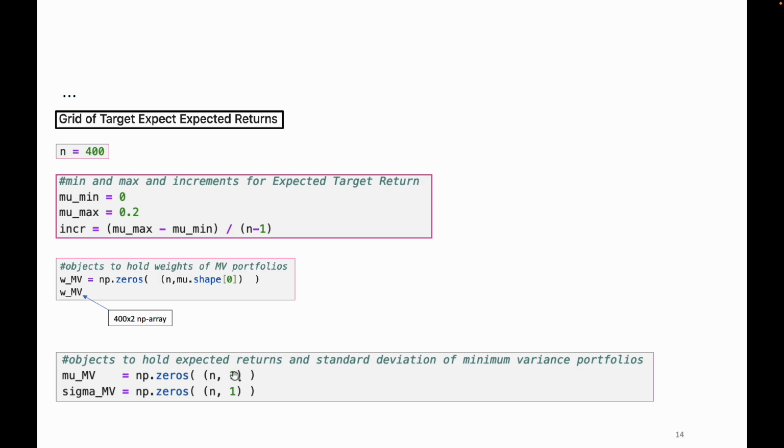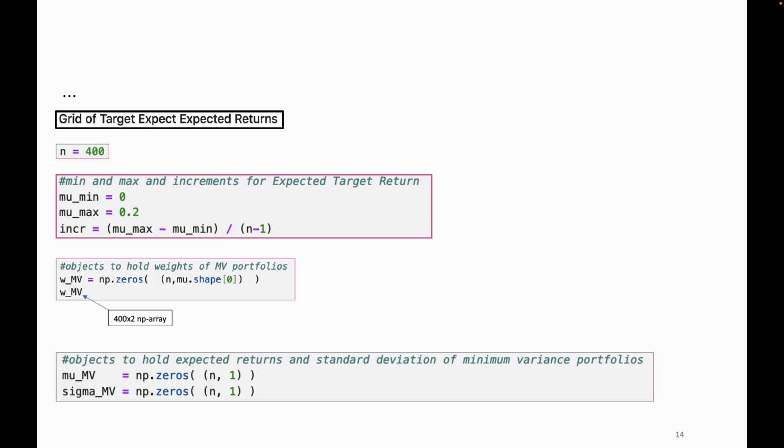So that should be an n times 1 array. I set every element to 0. And the volatility, you see also now, the sigma is small. That's like in math. In math, we would also make a small sigma to stand for the scalar, and capital sigma to stand for the matrix, so I follow that here. So sigma_mv would also be a 400 times 1 NumPy array, and every element is initialized to be 0.